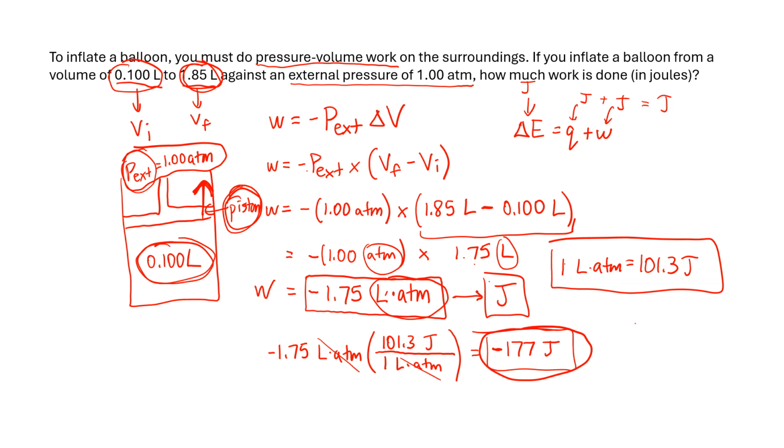And the system, this is the system. The external pressure is in the surroundings. But the system had to do negative 177 joules of work to get this to happen. That's all this problem is really telling us.